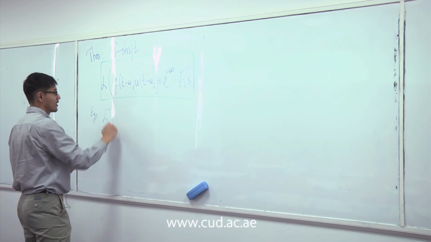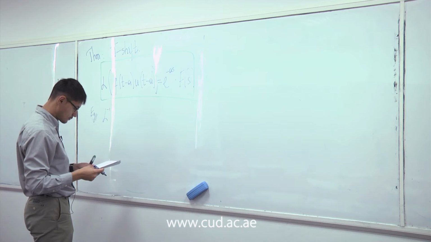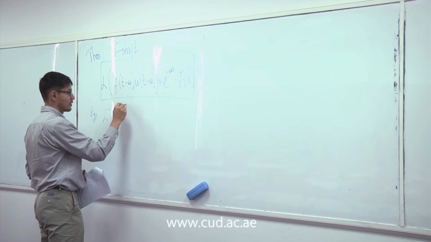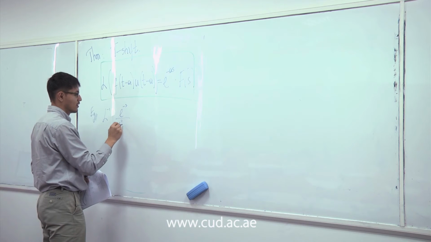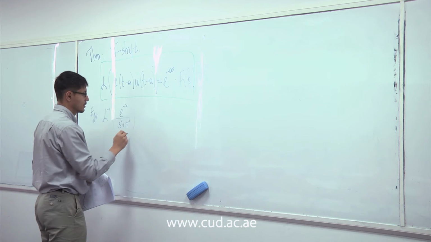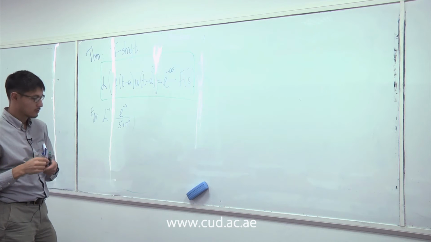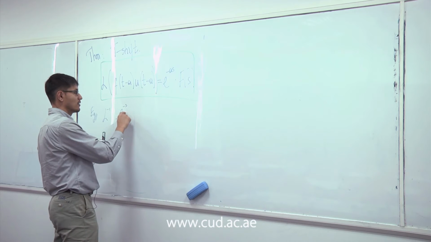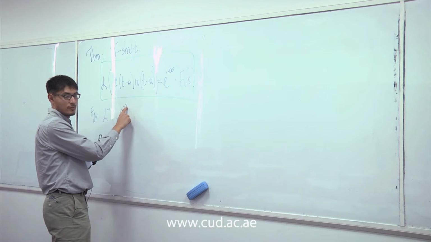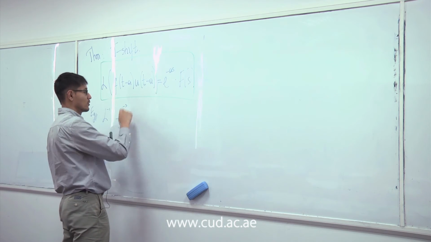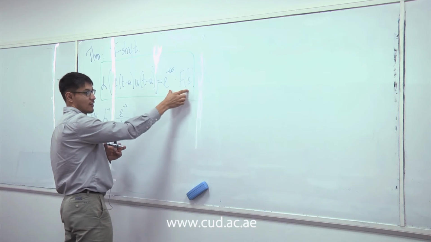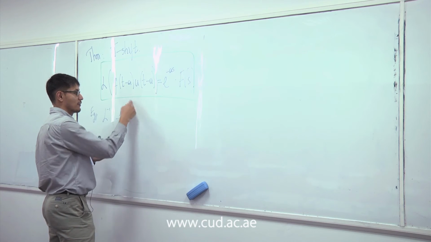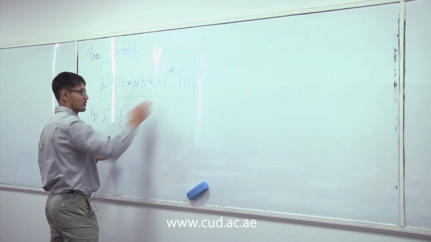For example, let's say I want to find the inverse transform of e to the minus s divided by s squared plus pi squared. Okay. So it seems like I have e to the minus s. So maybe I can try to use this equation, right? If I want to use this equation, I have to write my expression in this form.